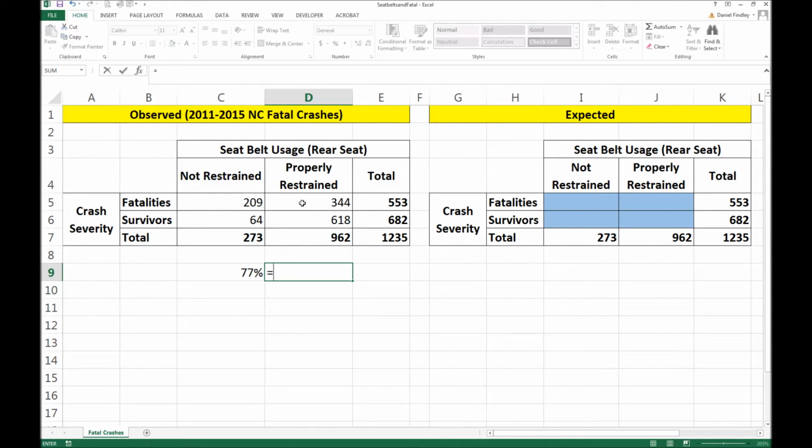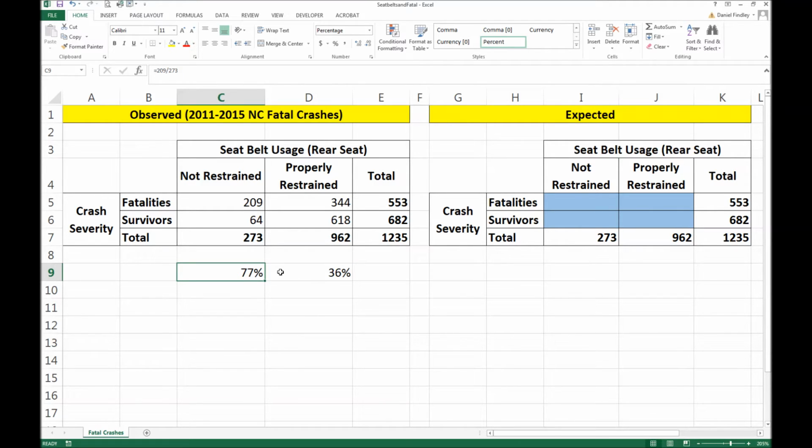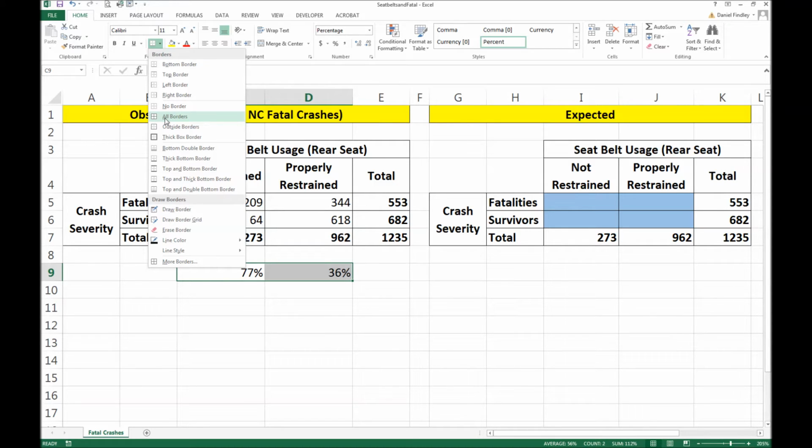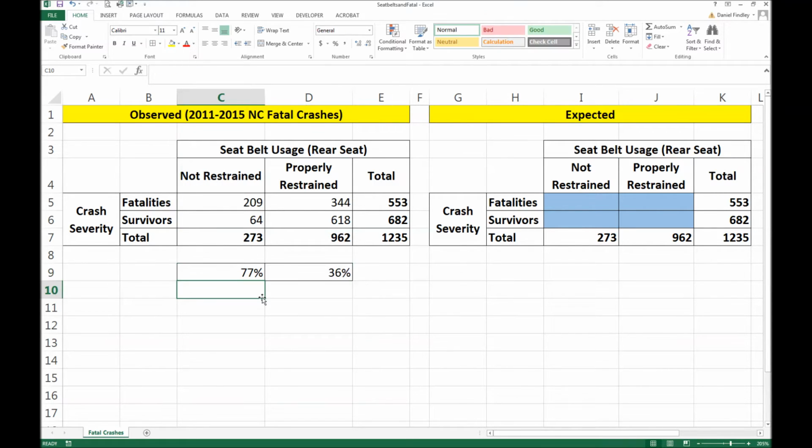If we compare that to our individuals who were properly restrained, we'll see it's a much lower percentage. Only 36% of those who were in the rear seat and properly restrained in a fatal crash were killed during that crash. So this just helps set up our expectations for running this test.